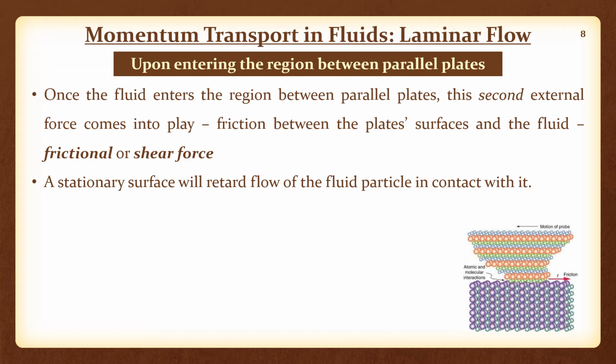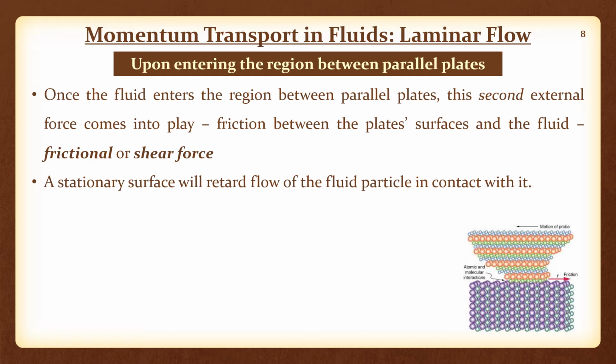So really, when I'm talking about the fluid particle that is in contact with it, it's not a single molecule. It is a large collection of molecules. Recall once again, for this continuum behavior to be valid, the Knudsen number should be at least less than 0.01, and therefore there are a large number of molecules in that fluid particle.